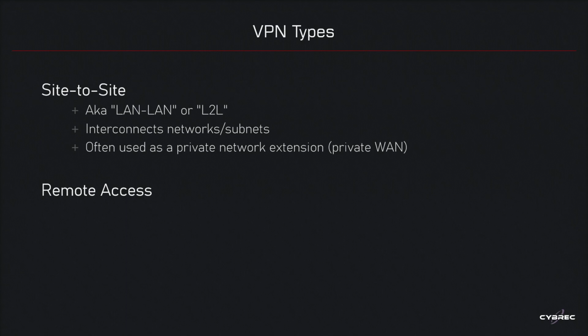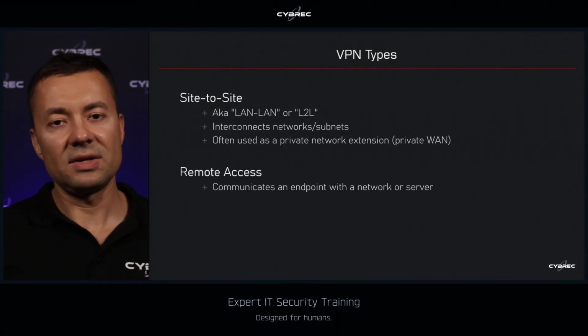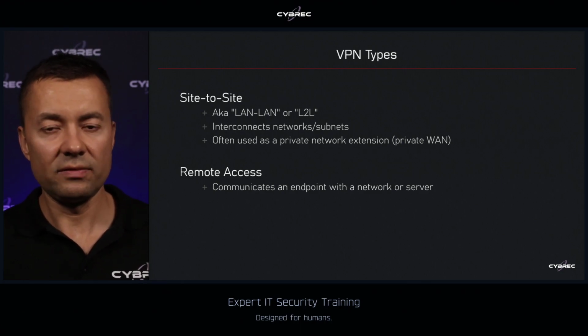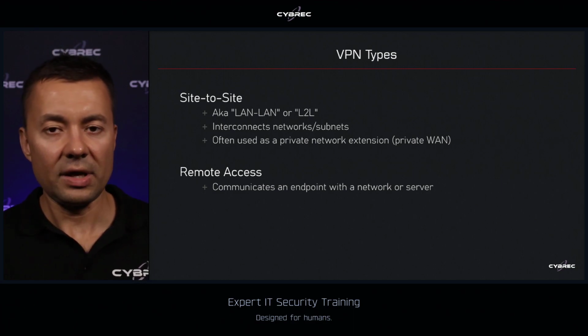Now, what is going to be the difference? How is remote access VPN going to be different from site-to-site? As you probably guessed, in this case, there are going to be fewer devices, fewer endpoints involved in the tunnel creation.